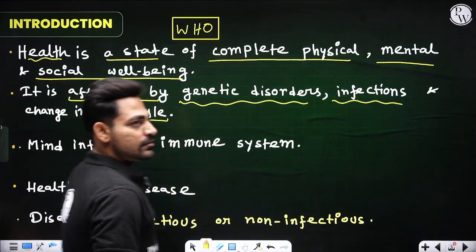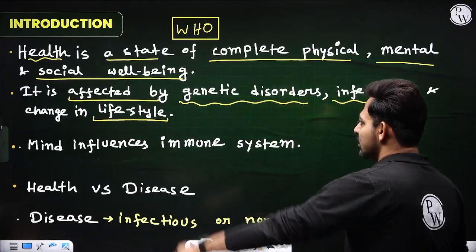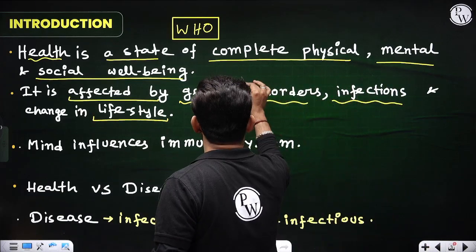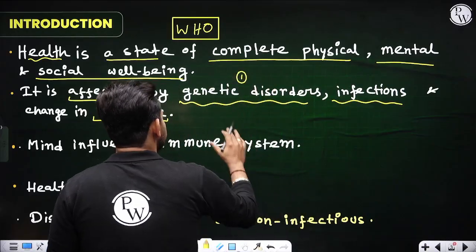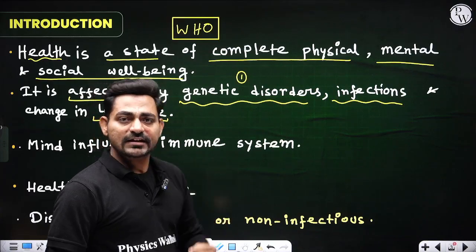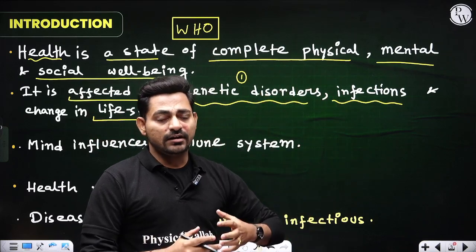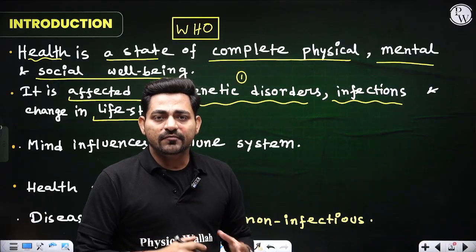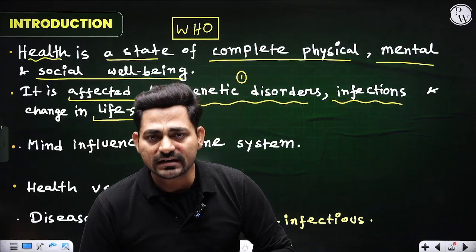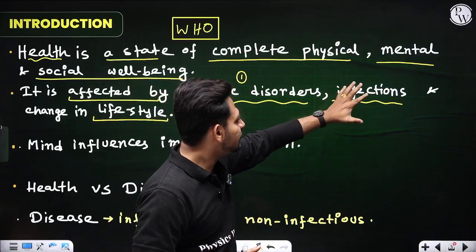So from health to a diseased condition, these are the three major factors which can affect the health of a person. First factor, as per NCERT, is genetic disorder or congenital diseases, that is, defect in DNA. Then infection, when we are affected by various pathogenic agents like bacteria, virus, fungi. That kind of attack we call infections.